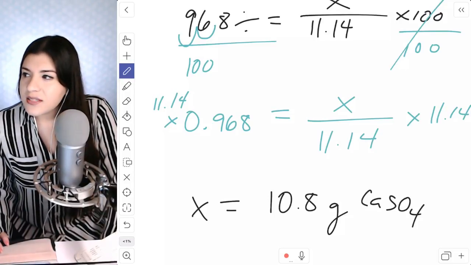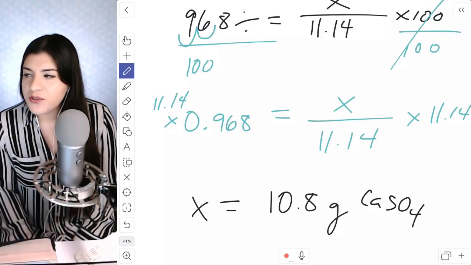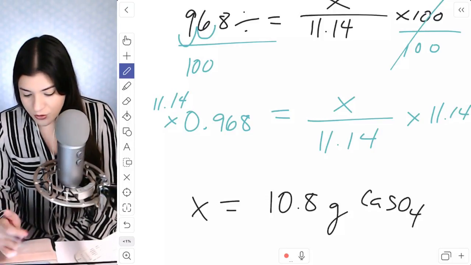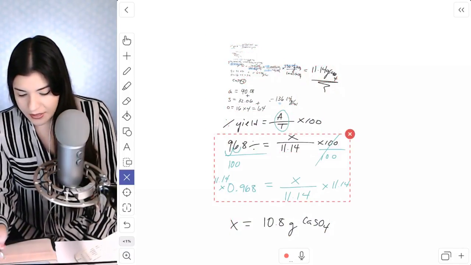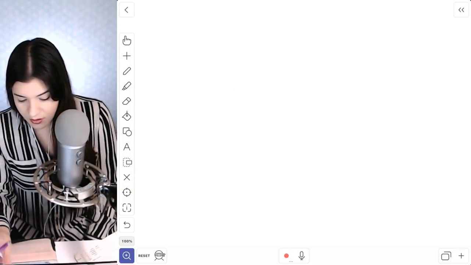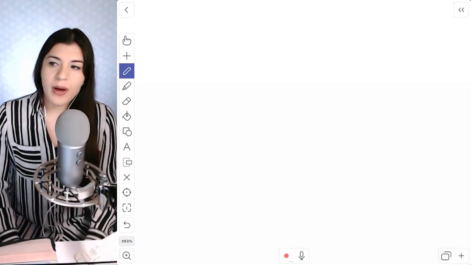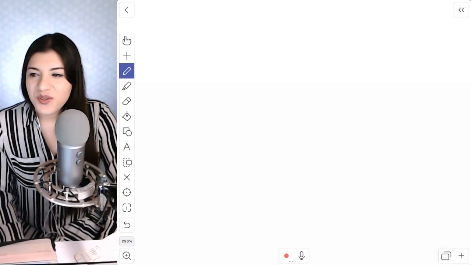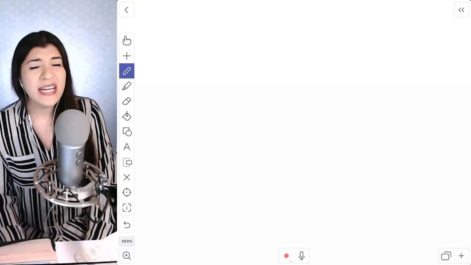Dev asks, can you do a problem on titration? Sure. Let me pull up an example. There's a lot of different things I can talk about with titration, but the most common ones that I typically see are finding the equivalence point.